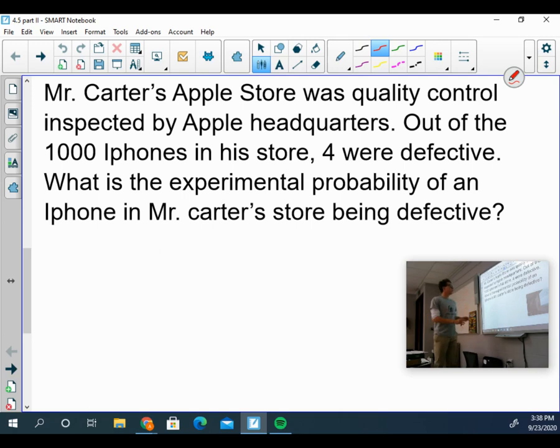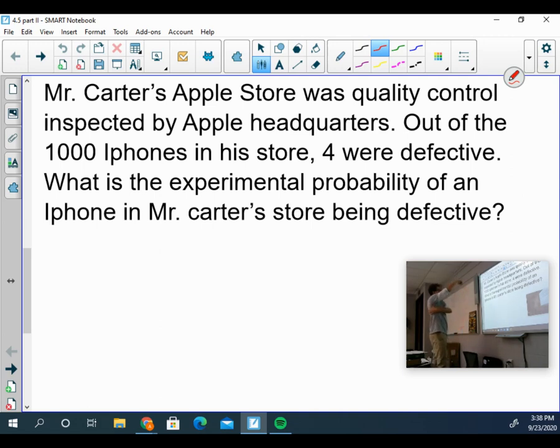Okay, so now we figured it out. You've taken time and gotten through it. We're going to come up with the experimental probability. Well, it's the number of favorable outcomes versus the total amount of outcomes, total amount of possibilities.